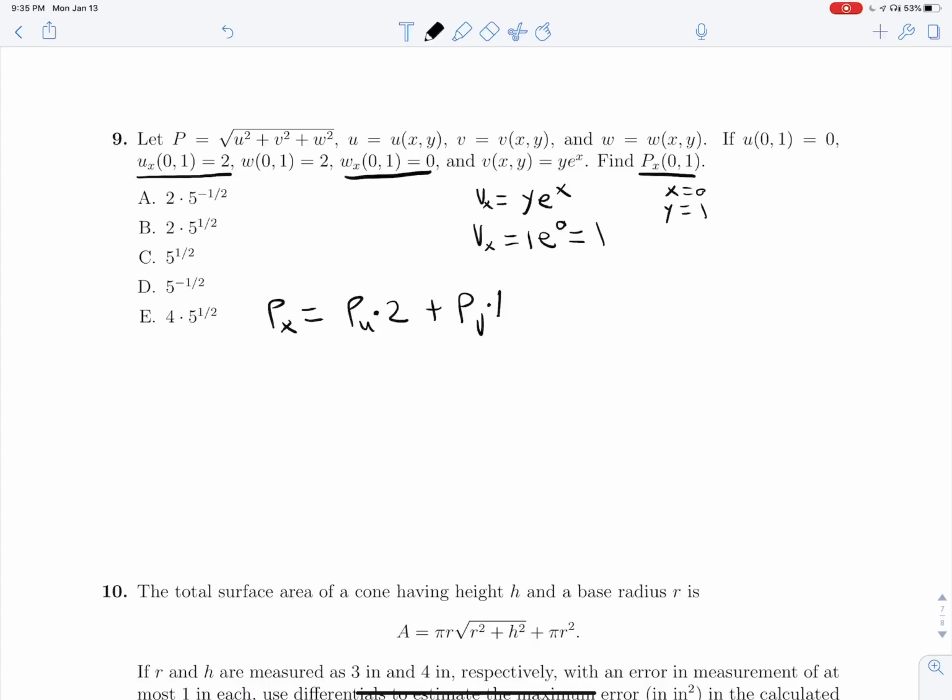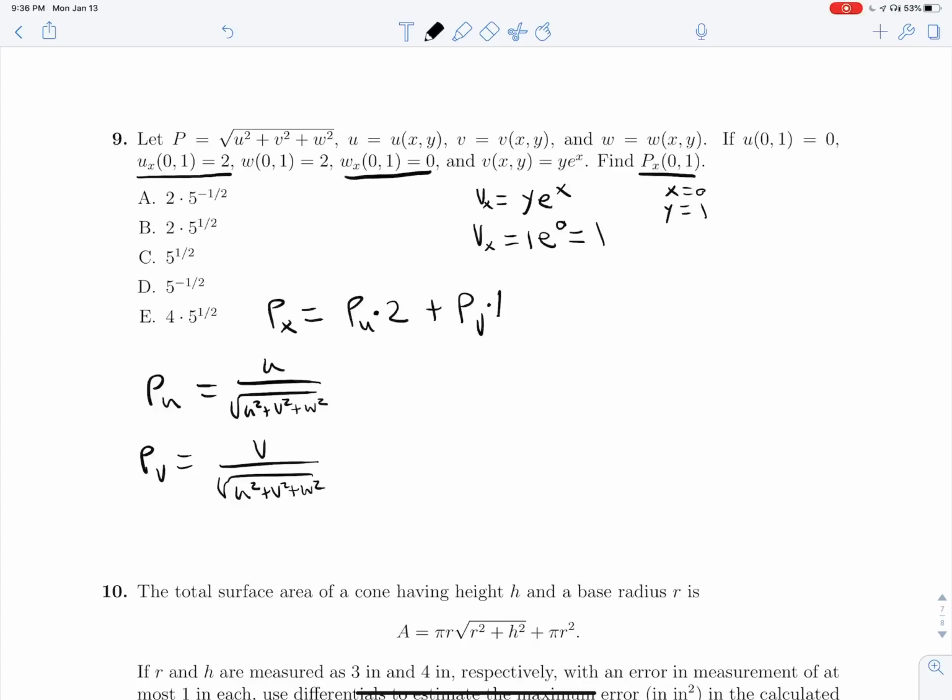And finally, let's find pu and pv. So this is just going to be u over root u squared plus v squared plus w squared, and v over root u squared plus v squared plus w squared.